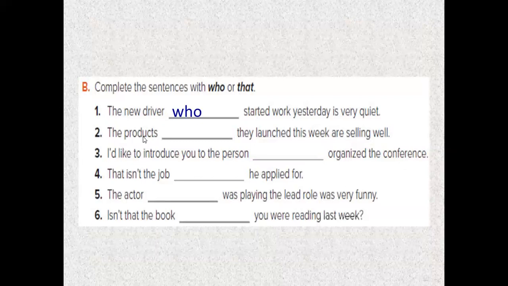The products are things, so I'll use that or which. Number 3, I'd like to introduce you to the person who organized the conference. Person, so I have to use who. Number 4, that isn't the job which he applied for. Job is a thing, so I'll use that or which.